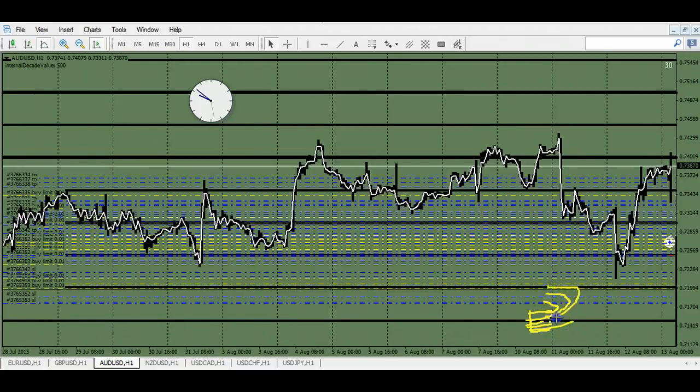So you have a little baby trap. Market comes down, it snares these, and then it starts taking off. It's pre-done scaling in each little thing.